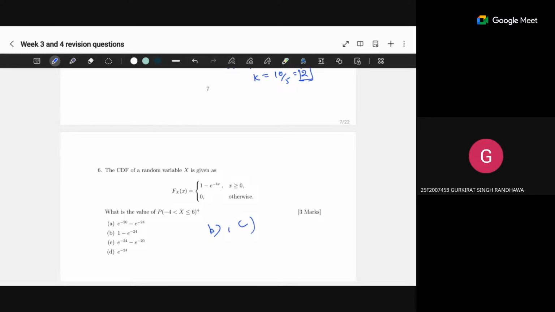Yes. No, ma'am, sorry. Option B. I maybe took a wrong method. Just to confirm whether I'm approaching this correctly, should we take the integral of this function 1 minus e to the power of -4x with the limits as -4 to 6?